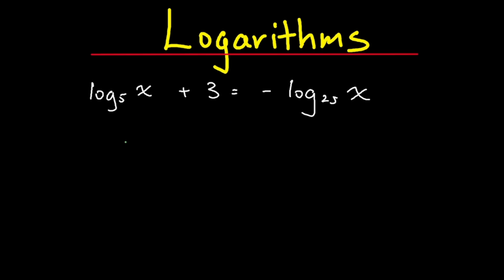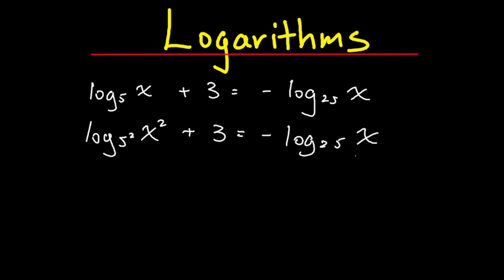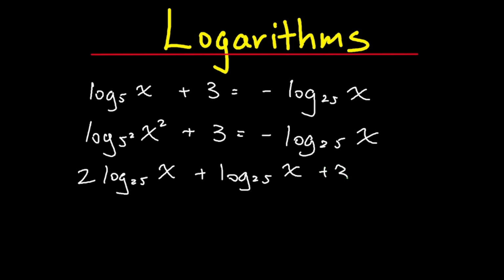So, with this side, we have log 5 x equals log 25 x over log 25 5, which is log 25 x over one half, so 2 log 25 x, plus 3 equals negative log 25 x. And therefore, moving the log 25 x over, we have 3 log 25 x plus 3 equals 0.